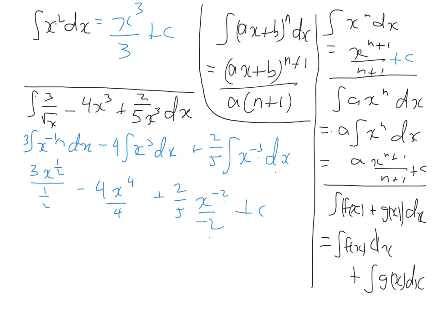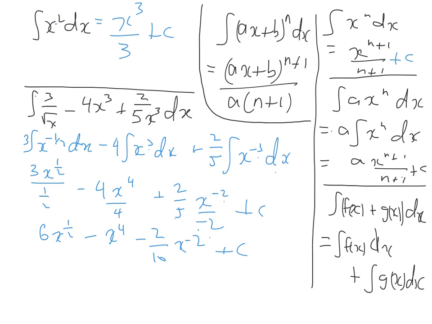And from there, we simplify. So 3 divided by a half is 6, x to the power of a half, minus, the 4s will cancel, so we've got x to the power of 4, and then we've got 2 on 5 multiplying negative 2, so we've got negative 2 over 10, x to the negative 2, plus c.